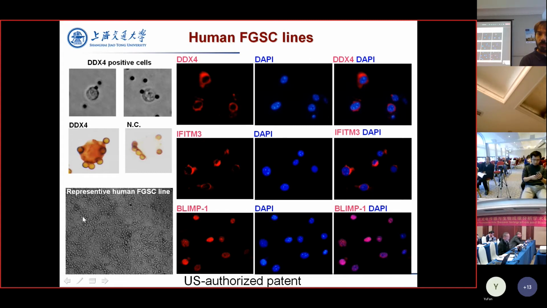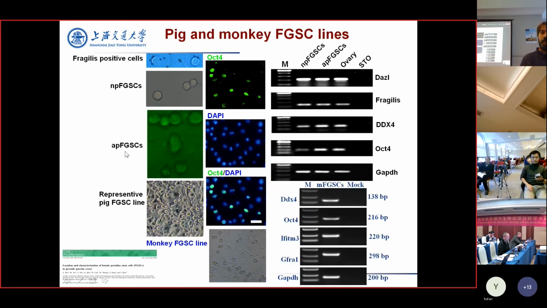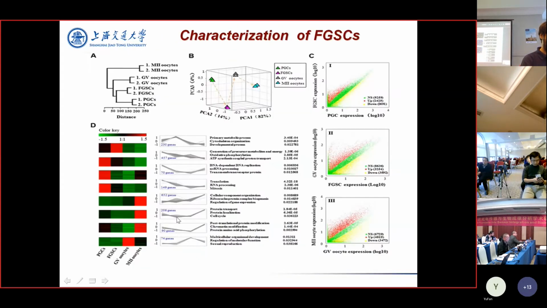This is the morphology of the human FGSC line. In other animals, we can also isolate pig FGSC and make a pig FGSC line, and also a monkey FGSC line. This is the morphology of the monkey FGSC, and this is the pig FGSC morphology.